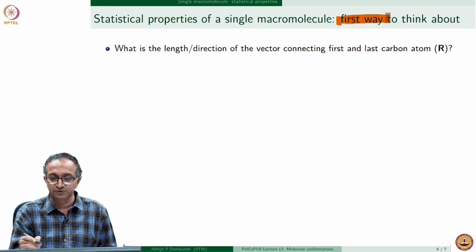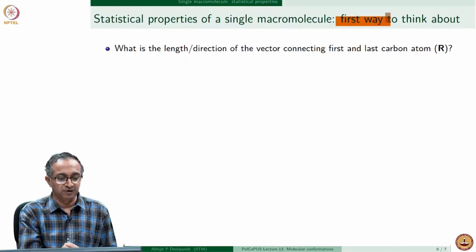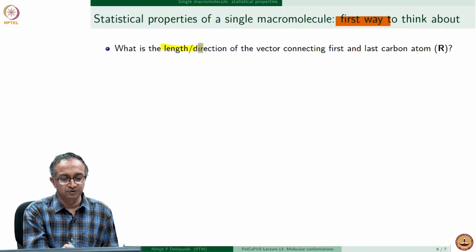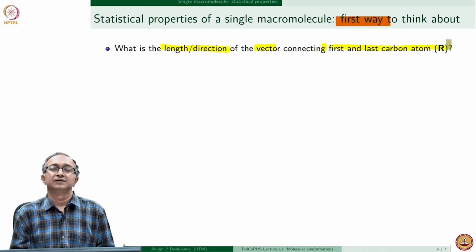The first way to think about a statistical property of a single macromolecule is to ask: what is the length and direction of the vector connecting the first and last unit on the polymer chain? And we saw that this keeps on changing when the conformation changes.